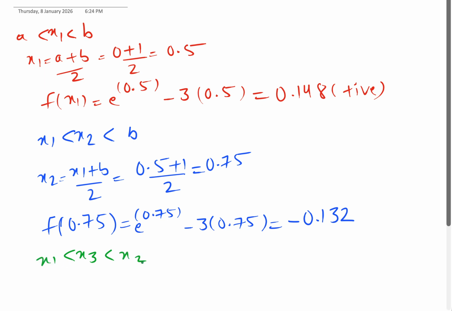So x3 equals (x1 plus x2) upon 2. x1 was 0.5 and x2 was 0.75, so (0.5 plus 0.75) upon 2 is 0.625.